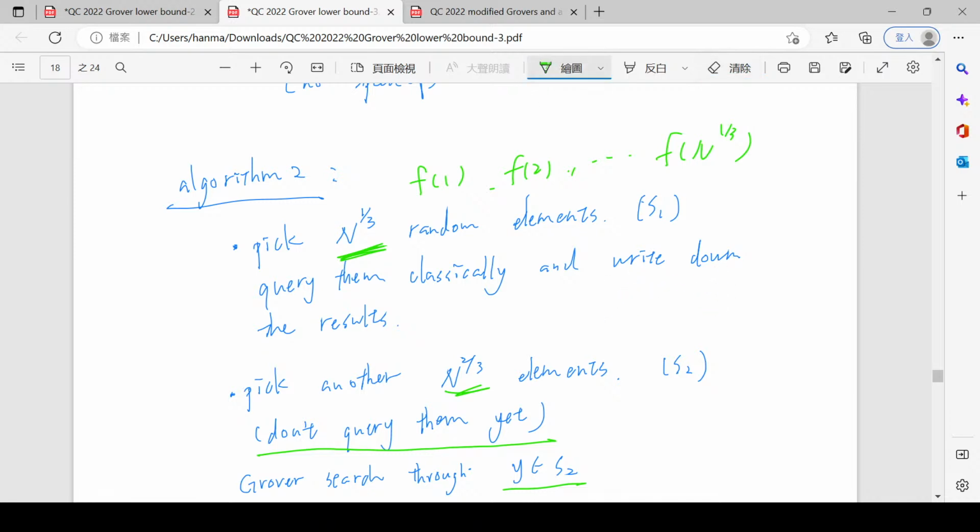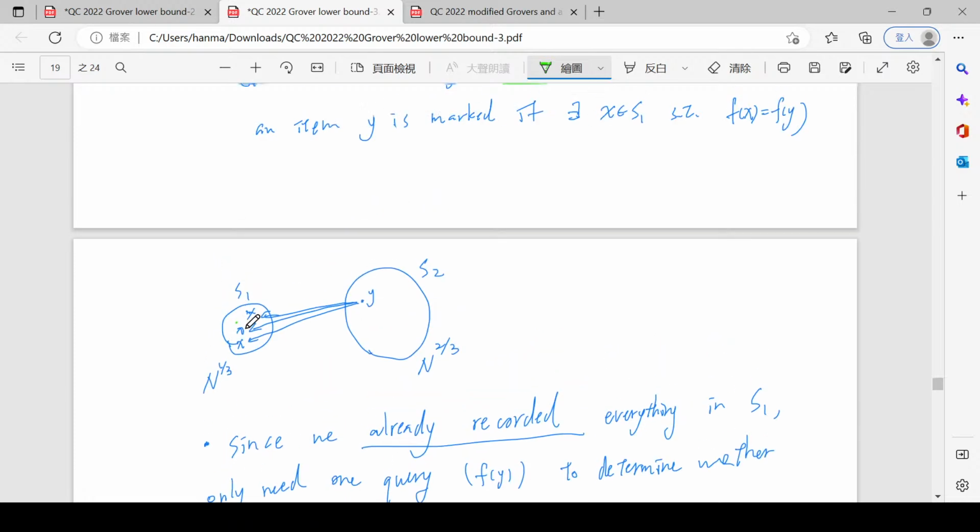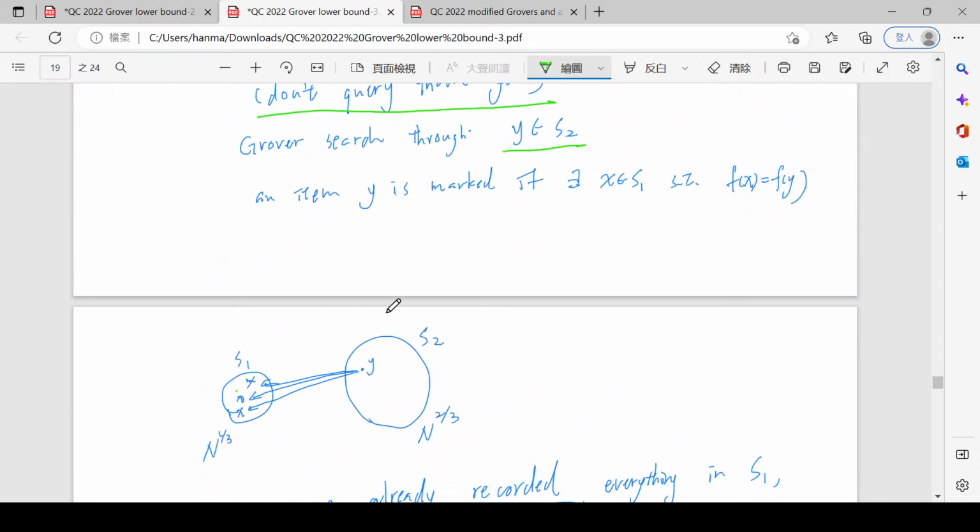Anyway, we have this S1 of size n to the 1/3, and we have this bigger S2 that has n to the 2/3 items. What we Grover search over is everything inside S2, and we want to see whether an item is a collision with any item in S1. So this is a key step.